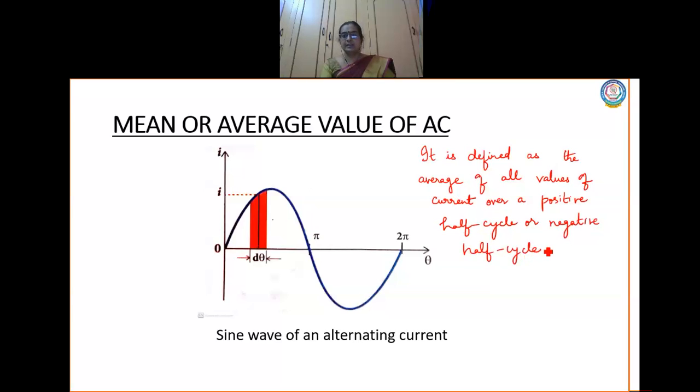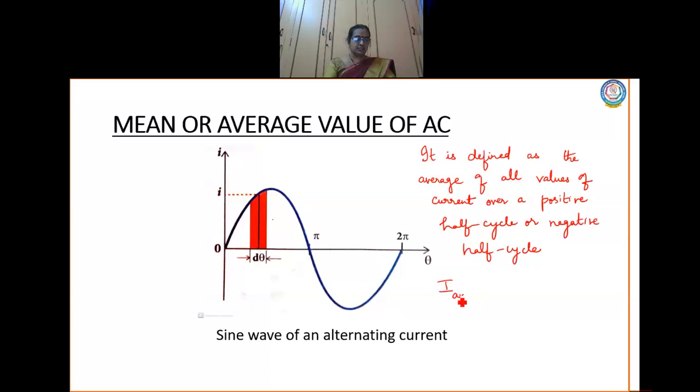So in this way, instead of taking the average values over a full cycle, it is easy to determine the mean or average value of AC over a positive half cycle or a negative half cycle. So I can find out the average value of current.